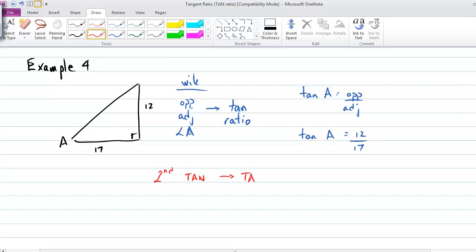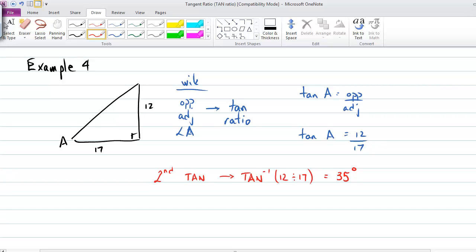And the undo button looks like this. Whether it's tan to the -1, sine to the -1, or cos to the -1, these are the buttons you press when you want to find an angle. And all our calculator asks us to do then is to punch in what we have. And what our calculator spits out is the angle.